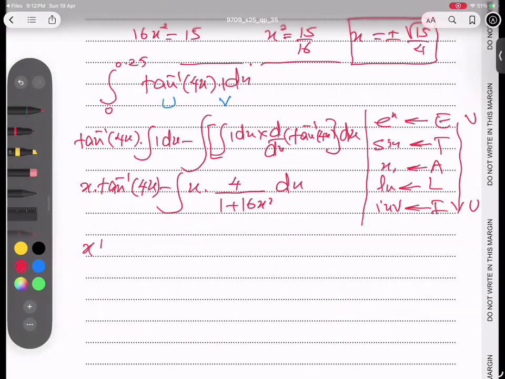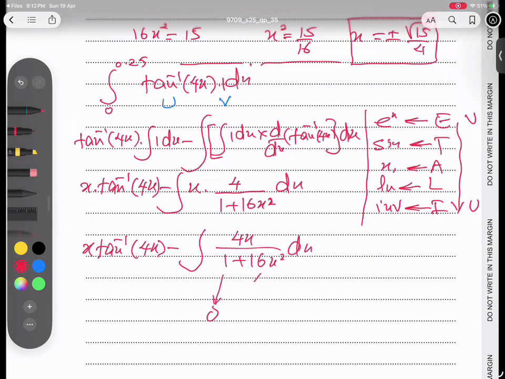This x tan inverse of 4x. Here I'm having 4x in the numerator. And if you check carefully, I have 4x in the numerator and 1 plus 16x square in the denominator. Okay, students, basically, what is this derivative?